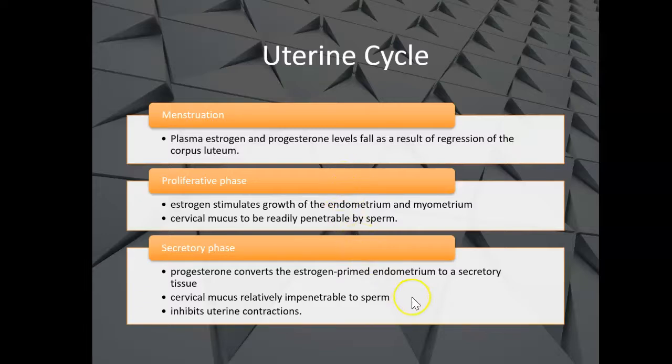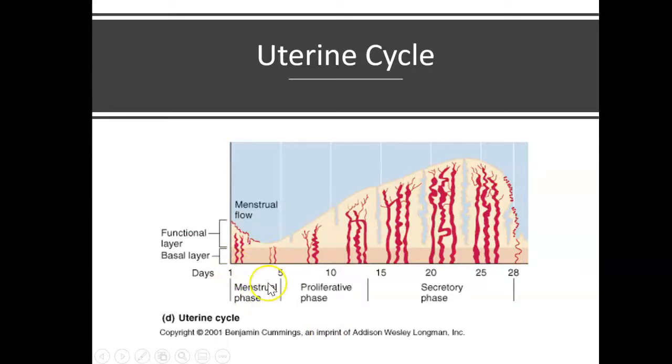And in the secretory phase, progesterone is going to convert the estrogen-primed endometrium to a secretory tissue. The cervical mucus will become impermeable to sperm, and this will also inhibit uterine contraction. So here is, again, the menstrual cycle, or the uterine cycle. Day 1 through 5 is typically the menstrual phase, 5 through 15 is the proliferative phase, and then the secretory phase will make up the remaining days.